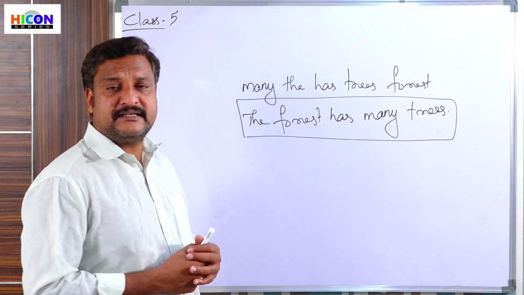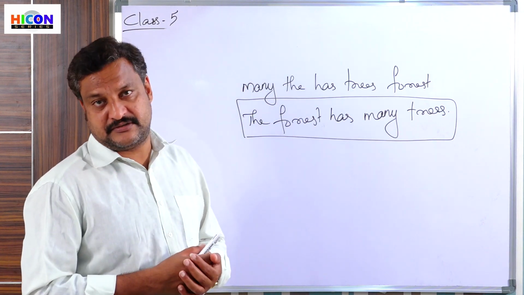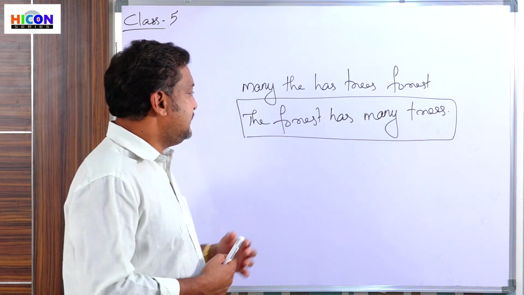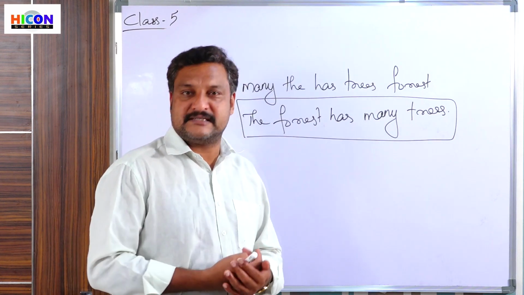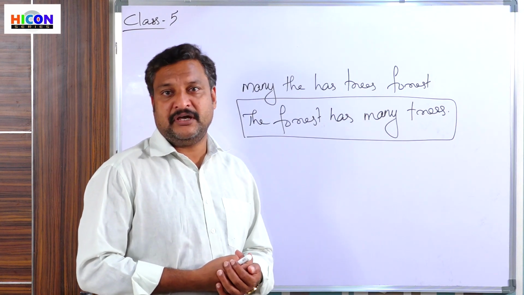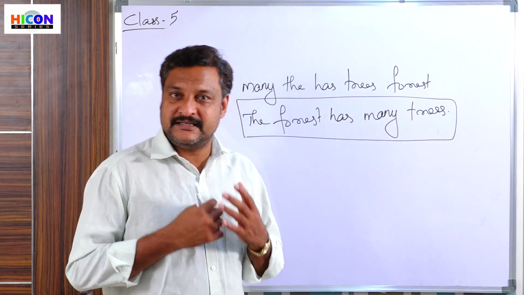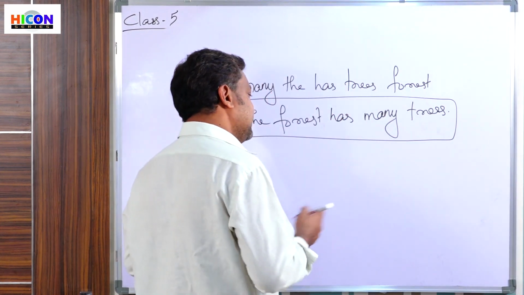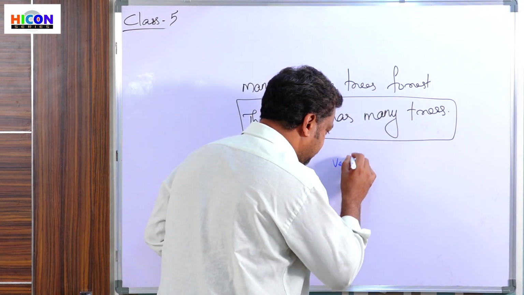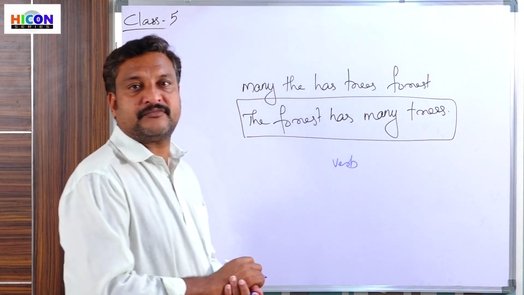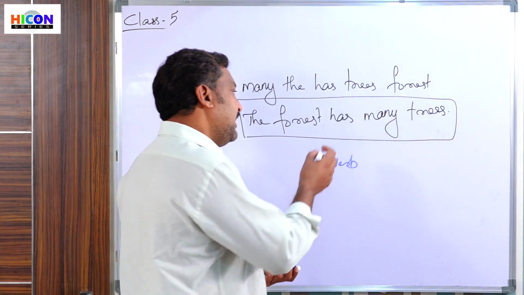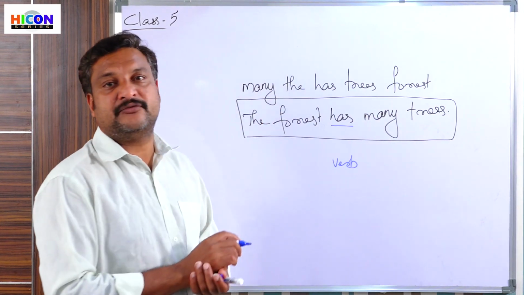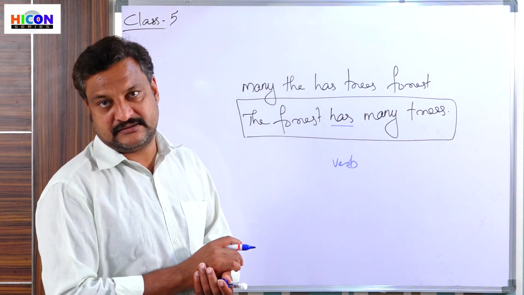Now, a sentence has two different parts. A sentence always says something, and that particular part is the verb of the sentence. Right? So when we identify the verb, then it becomes easy to divide the sentence.